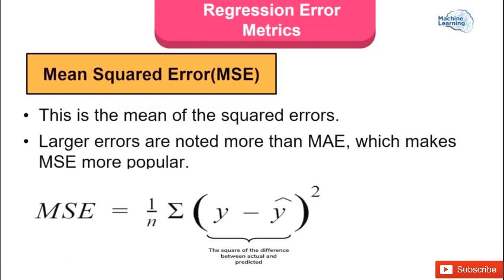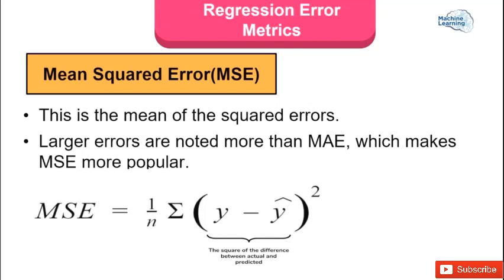So what we can do is actually use the mean squared error, which is the mean of the squared errors. What we're doing here is taking the difference between the true value minus our predicted value, and then we're going to square it.